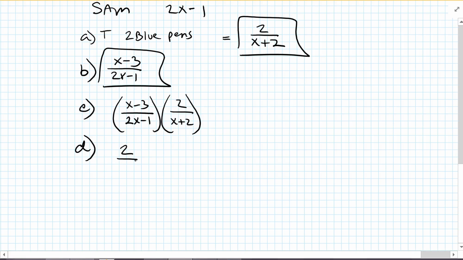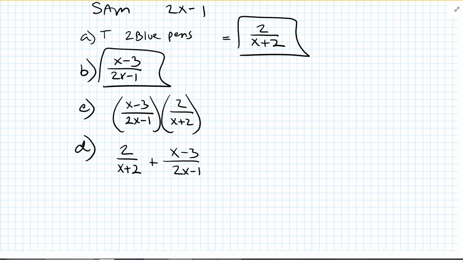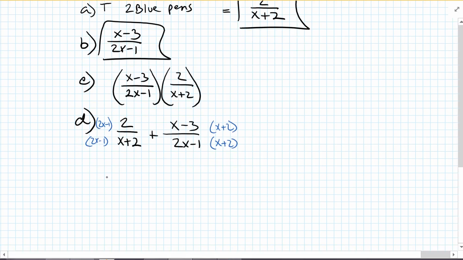So Tatana was 2 over X plus 2, and his was X minus 3 over 2X minus 1. So what do we have to do? We'd have to multiply hers, top and bottom, by 2X minus 1. We'd have to multiply his top and bottom by X plus 2. So now we can do that. It's going to be the same denominator. So it's going to be 4X minus 2 plus X squared minus X minus 6.